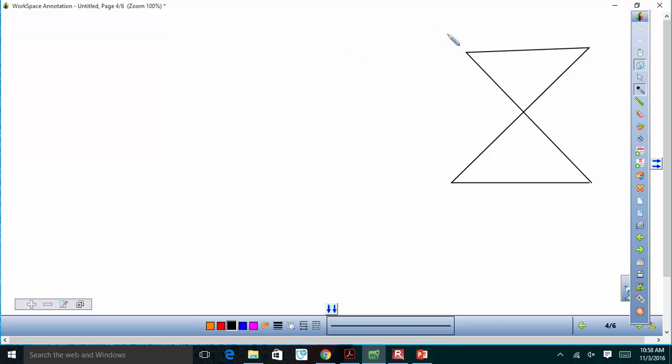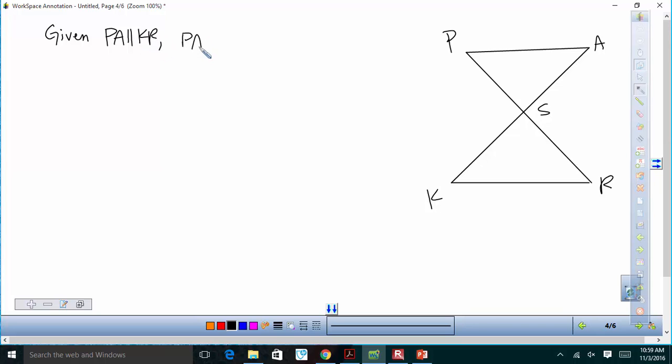And we have P, A, S, K, and R. Okay, and so our given says that PA is parallel to KR and PA is congruent to KR.